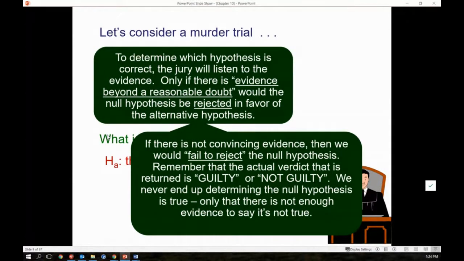So he probably killed the person. He was just really good at covering up the evidence where we couldn't find it. So therefore, he got away from us. We never said he was innocent. We just said not guilty.